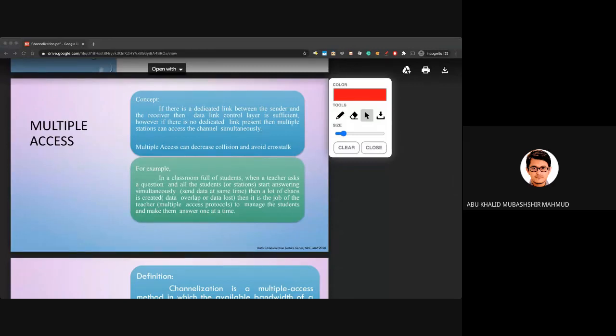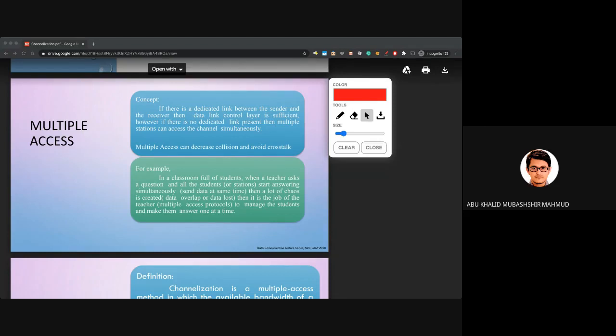So if there is a dedicated link between the sender and the receiver, then data link control layer is sufficient. However, if there is no dedicated link present, then multiple stations can access the channel simultaneously. Multiple access can decrease collision and avoid crosstalk.